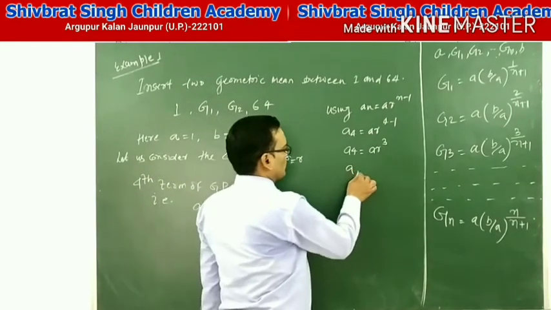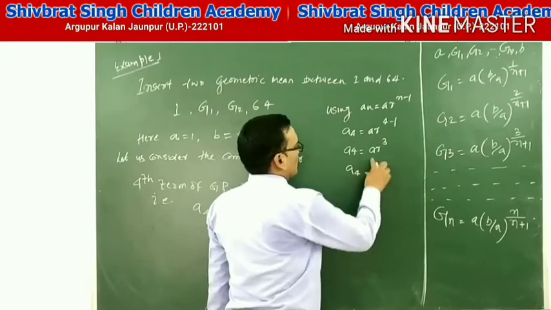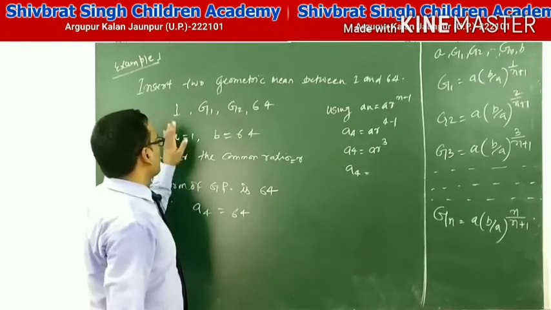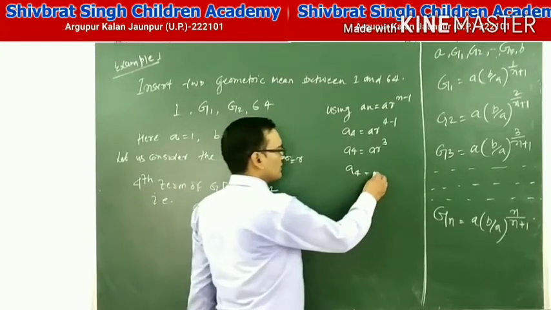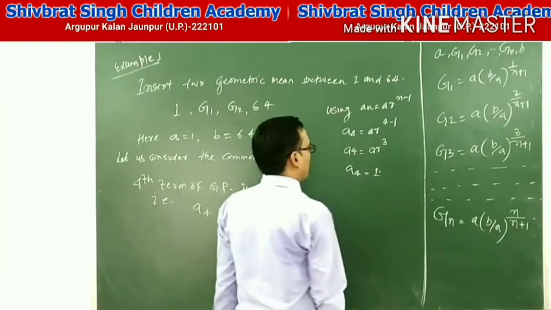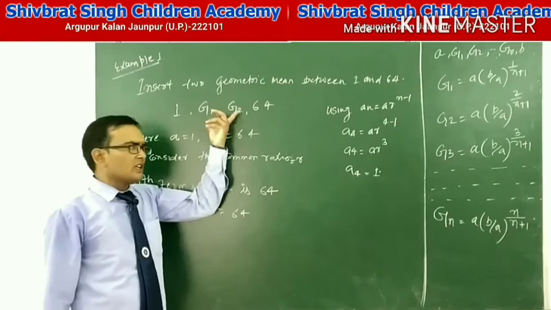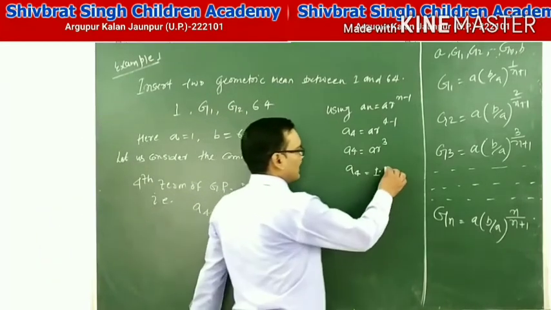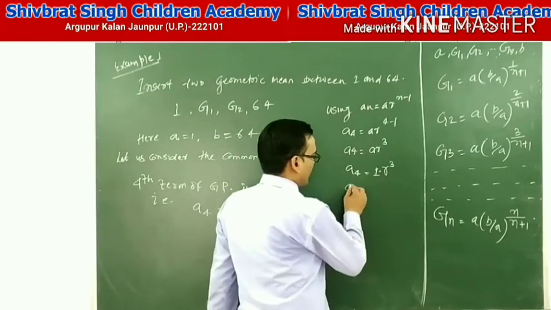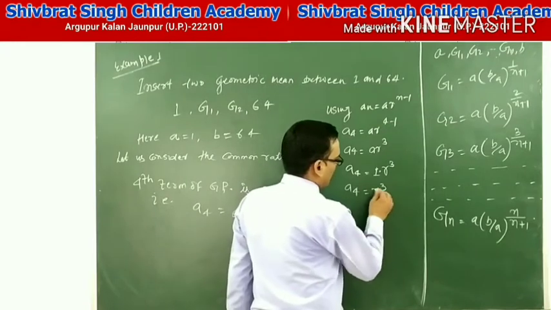a4 equal to a r cubed, with the value of a equal to 1, and r is the common ratio of this GP. So a4 equal to r to the power 3.